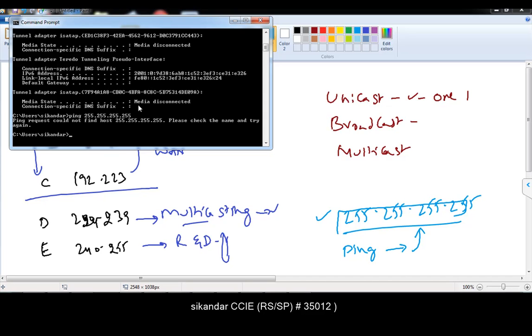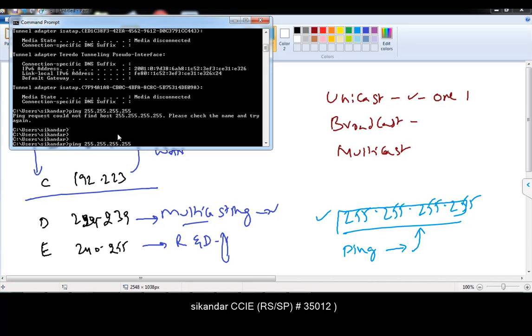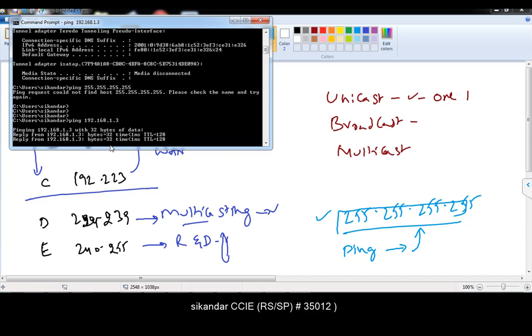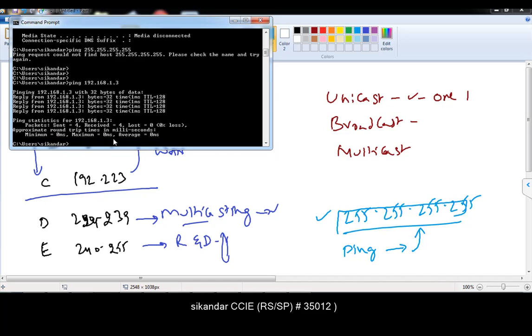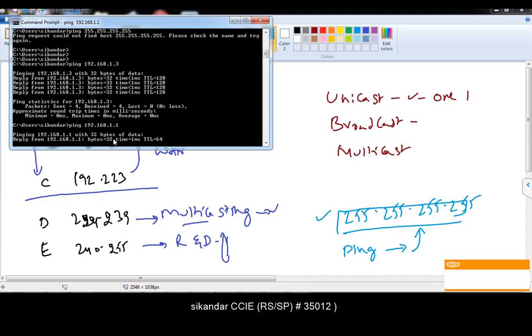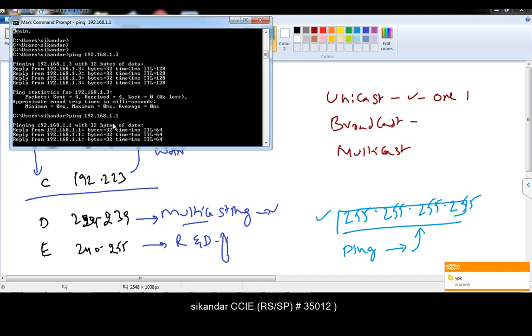It's not pinging actually, in general. I think I can get a reply from 1.3, which is my local PC. There's no other PC connected in my network. I think I can get a reply from 1.1, because 1.1 is my router address, the router which I connect to the internet.